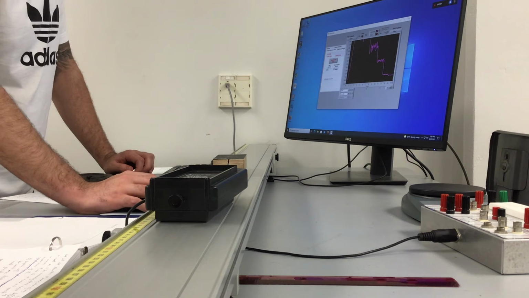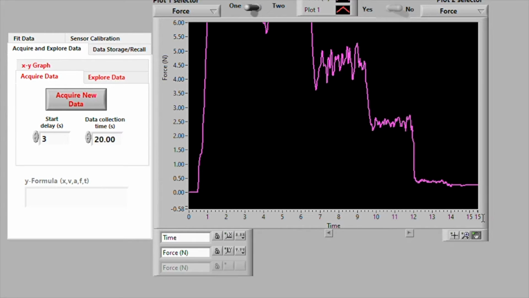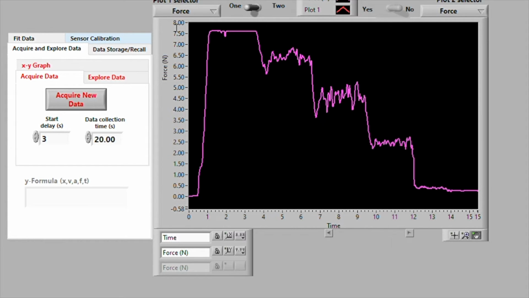This force versus time plot has kind of a shape of four steps. Each of these steps corresponds to the friction pad having different masses on top of it. So for example, the top one corresponds to having 4 kilograms on top of it. Then each consecutive step corresponds to having 1 less kilogram on top of it.